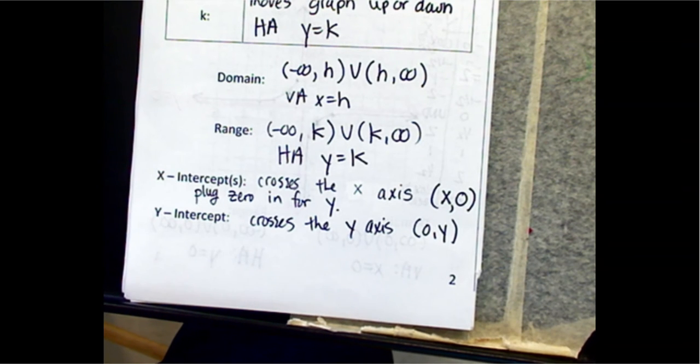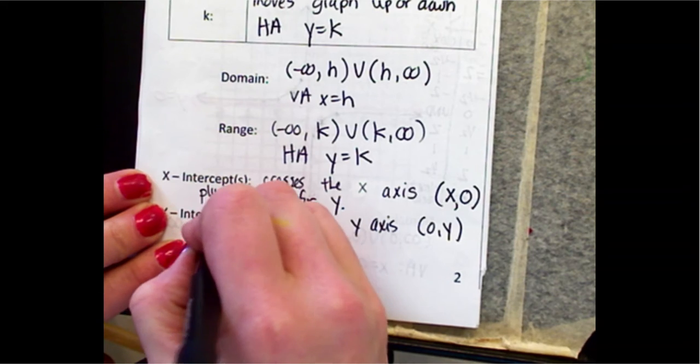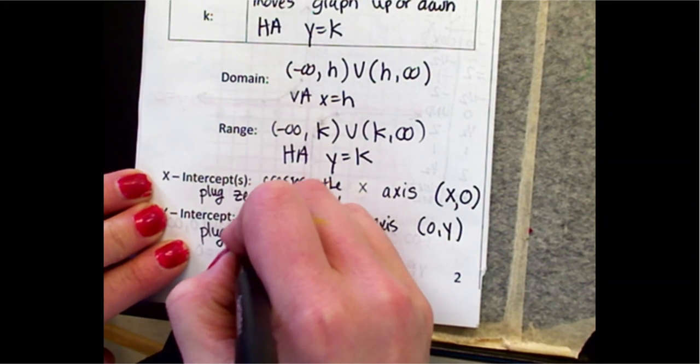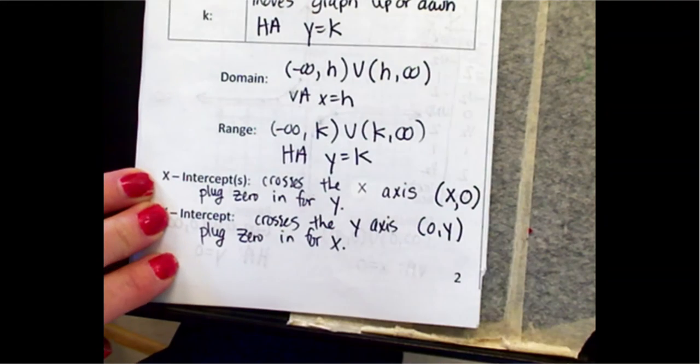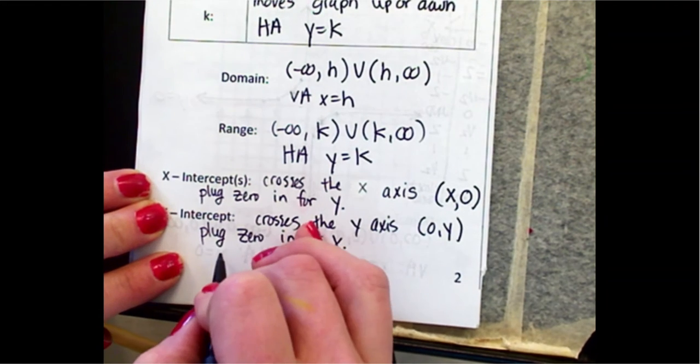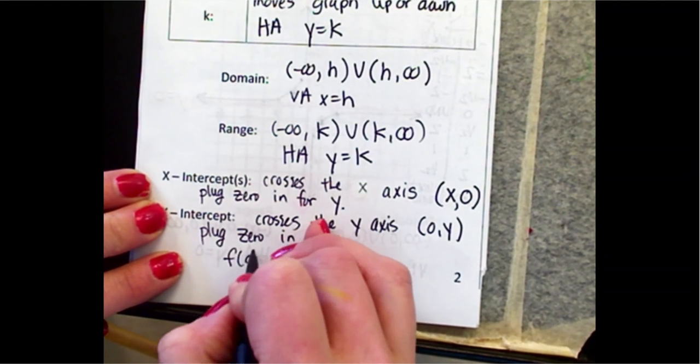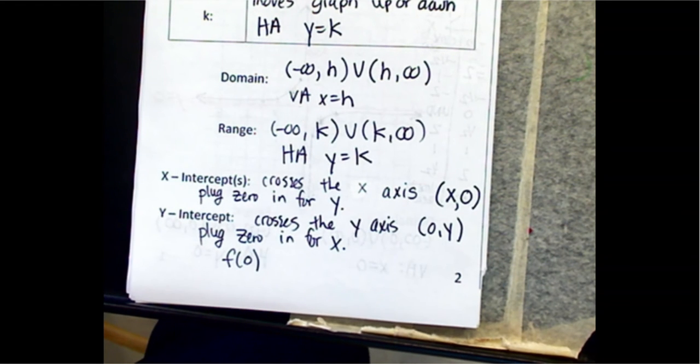There's only one point that's going to cross the y-axis. And this is plug 0 in for x. Sometimes that looks like this: f of 0, right? That's function notation. Means plug in 0 for x.